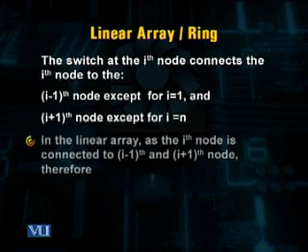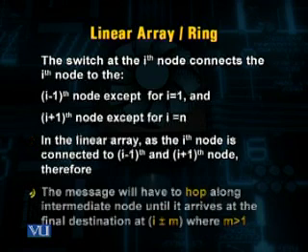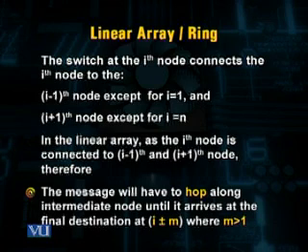So in the linear array, as the ith node is connected to the I minus 1th and I plus 1th node, the message will have to hop along the intermediate nodes when the destination is not the next node.